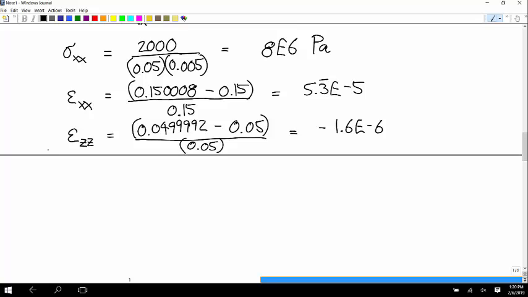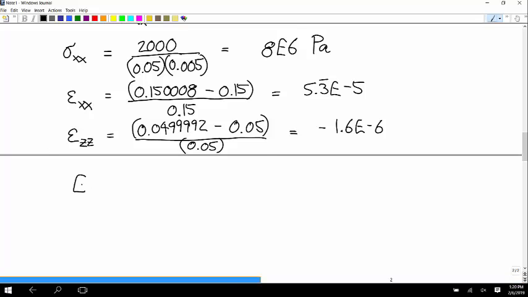And so now Young's modulus is 8 times 10 to the 6 pascals divided by 5.3 repeating times 10 to the negative 5. And what do you get for that? 1.5 times 10 to the 11 pascals.